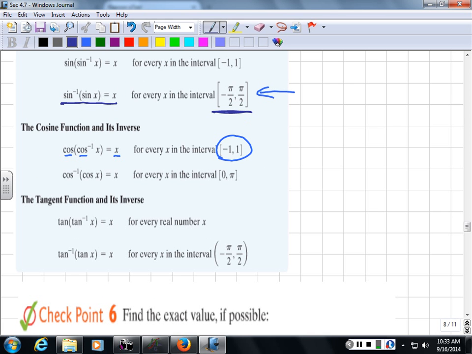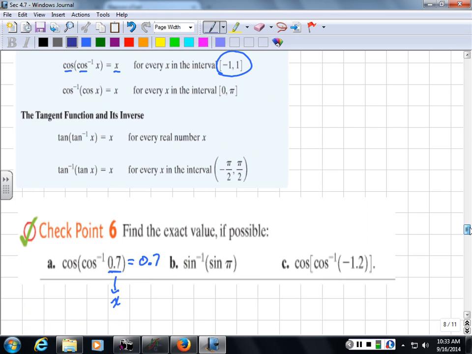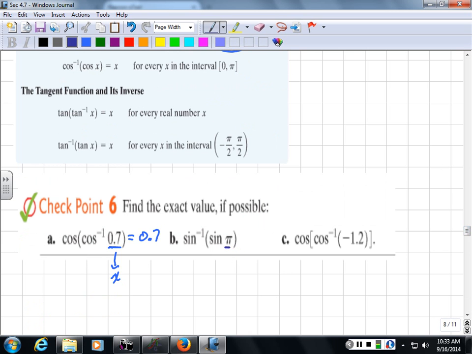So when I do this, I look at my function, and that's my x. Does pi fall between negative pi over 2 and pi over 2? Think about it, guys.